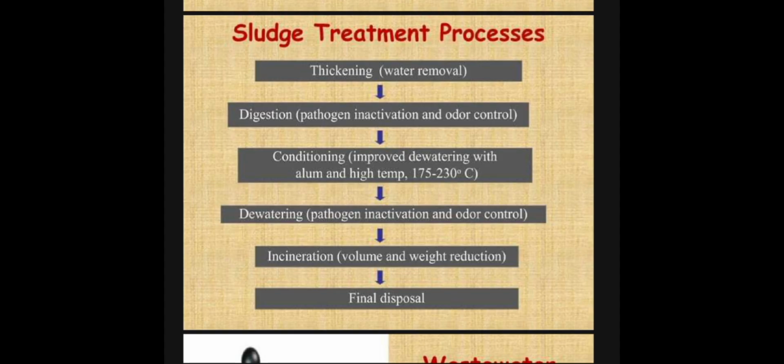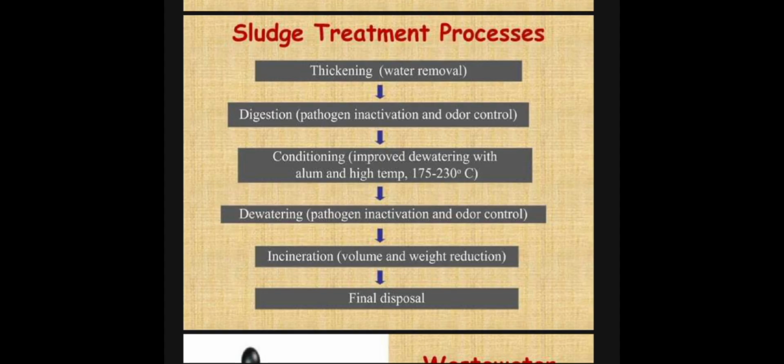After the decomposition of sludge, some gases will be released, and that gas is used for cooking and some other processes.